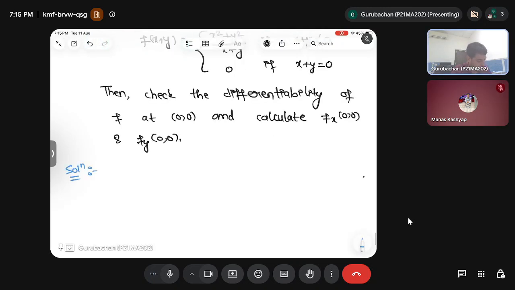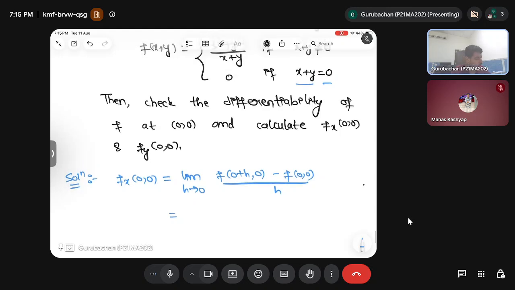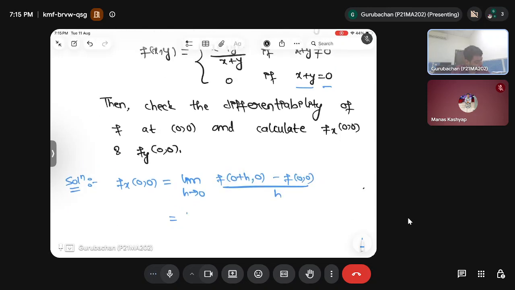So fx at (0, 0): limit h tending to 0 of f(0 plus h, 0) minus f(0, 0), divided by h. This comes under the case x plus y equal to 0, or limit h tends to 0.